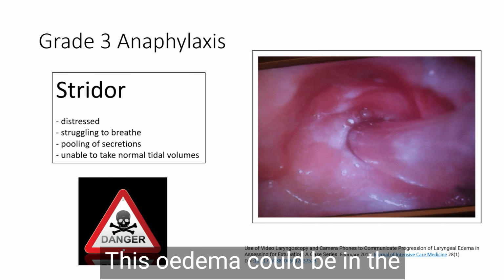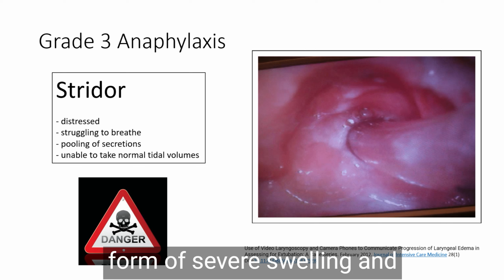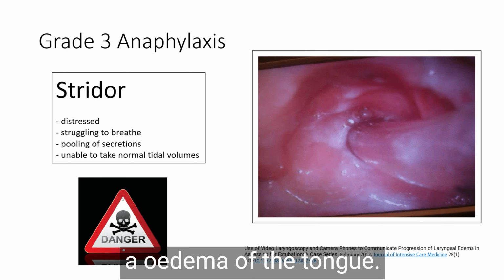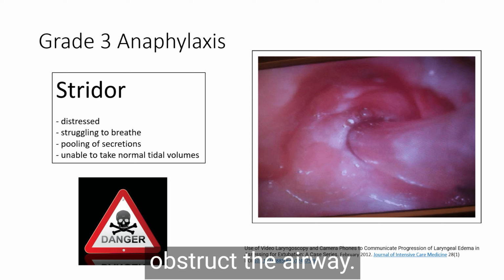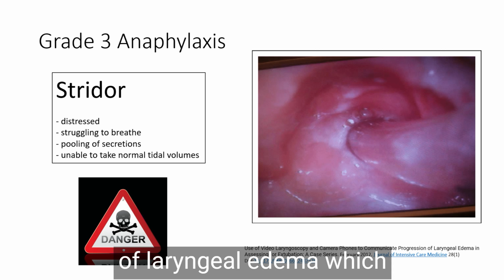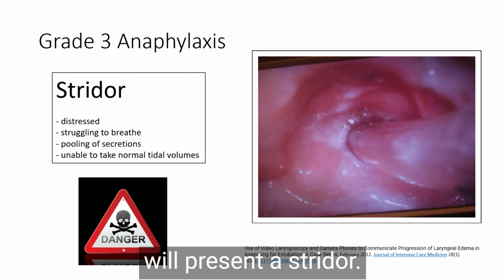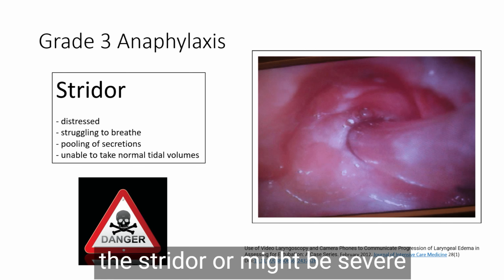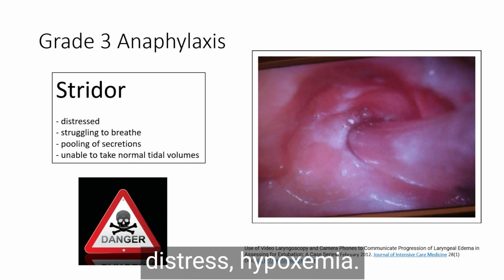This airway edema could be in the form of severe swelling and edema of their tongue, which could completely obstruct their airway, or it could be in the form of laryngeal edema, which will present as stridor, and in grade 3 patients, this stridor might be severe. It might cause respiratory distress, hypoxemia, hypoventilation, and severe agitation.